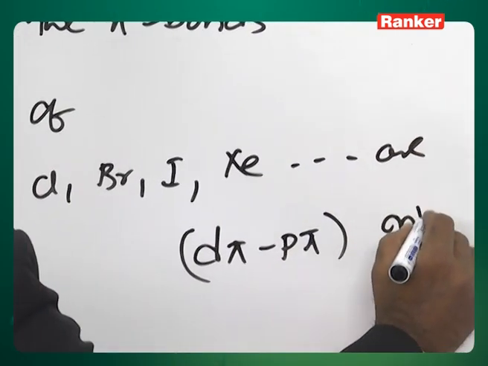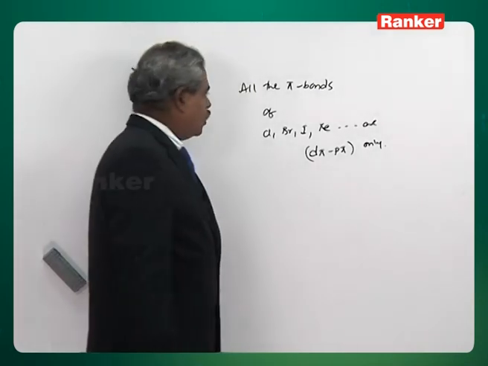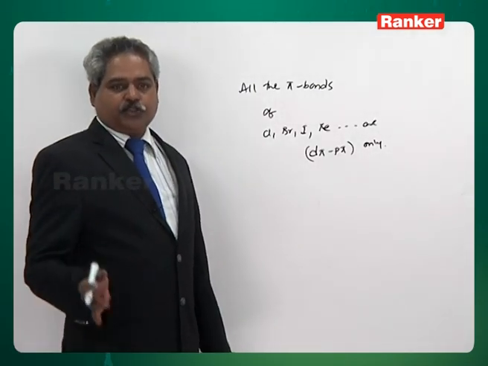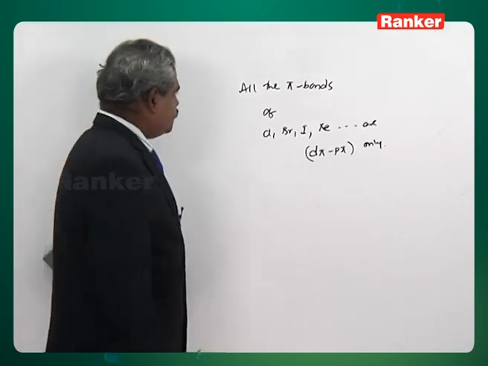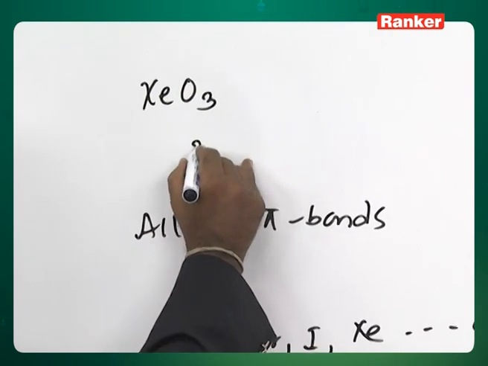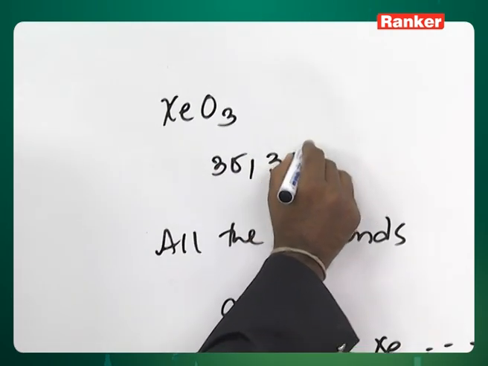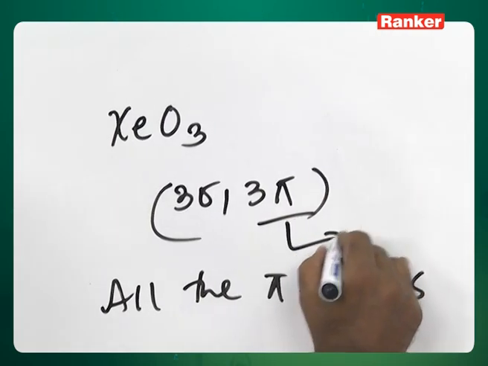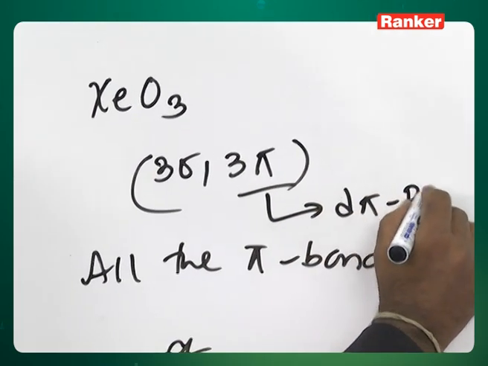Only for sulfur and phosphorus you may have to check. XeO3, what do you know about that? 3 sigma, 3 pi, and all 3 pi bonds are D pi P pi.